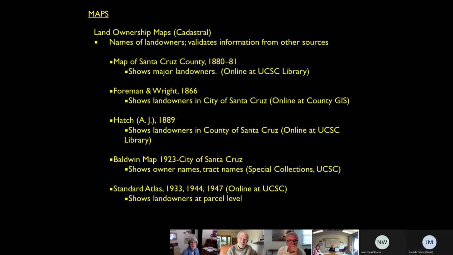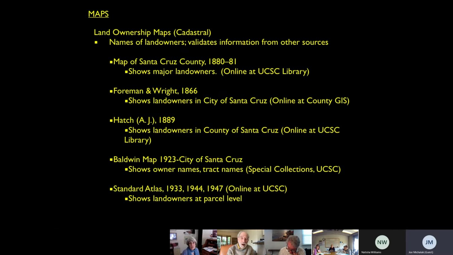Okay, so let's talk again about maps. The value of maps is key to researching any property in Santa Cruz. There are a couple of types of maps. There's Sanborn Maps, which I'll talk about shortly, but there are also maps called cadastral, which have landowners' names on them. For Santa Cruz County, there are major landowner maps.